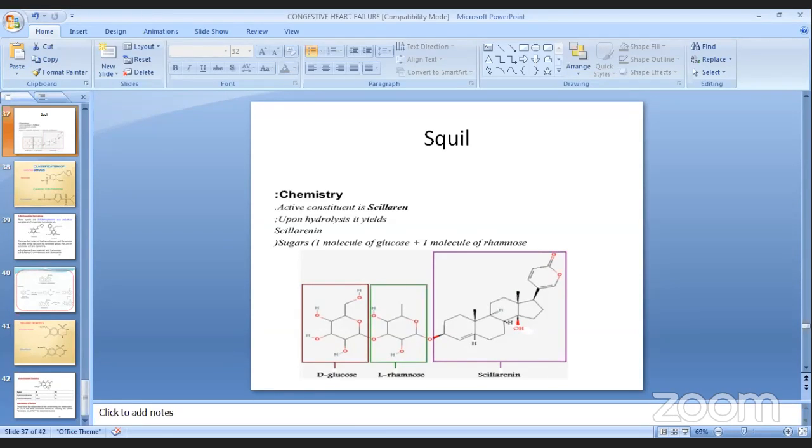Lanatoside C is another category of drug, and it is available in the form of tablets. Digitoxin tablet is now obsolete in the BP, but still nowadays it is used as a cardiotonic, although we are unable to monitor the dosage very carefully.